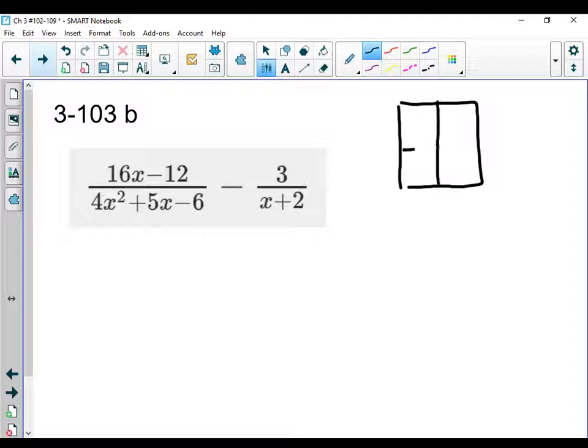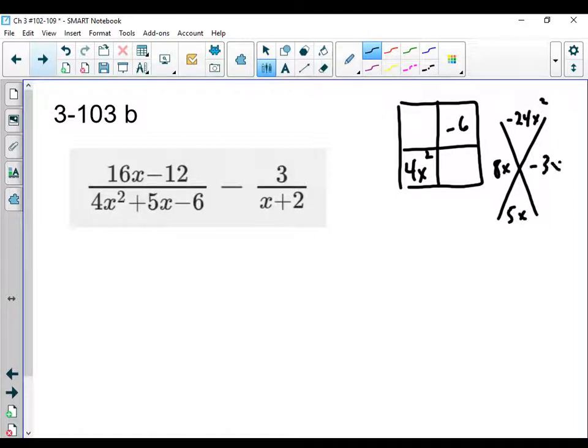So let's try to factor it. In this case, I'm trying to multiply to get -24x squared. I'm trying to add to get 5x. So we could use 8x and we could use -3x.